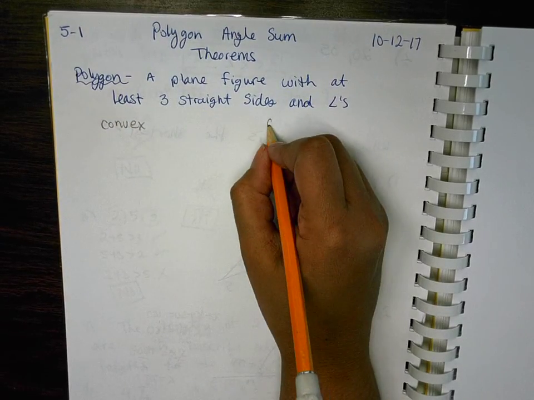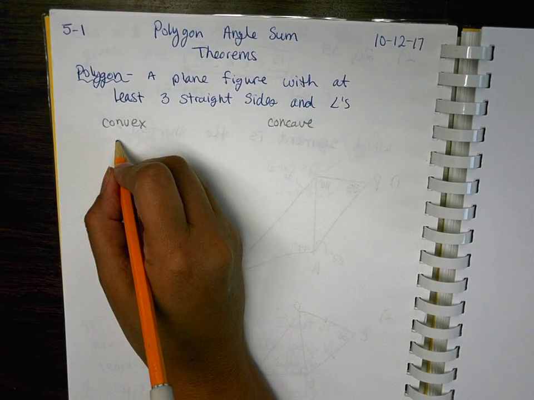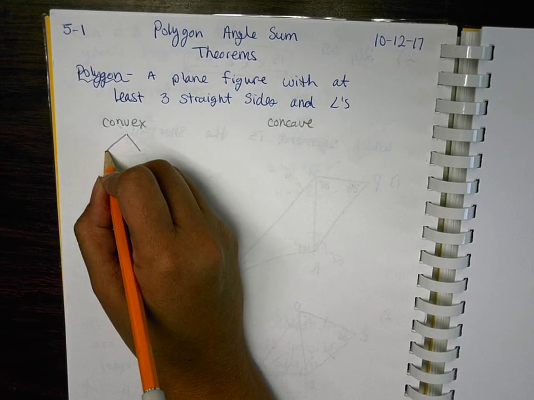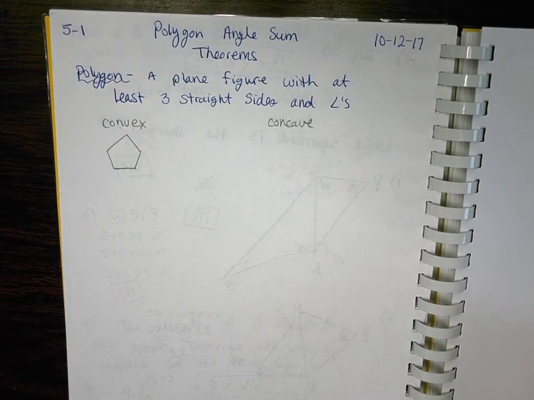Convex and concave. Something like this is an example of a convex polygon.